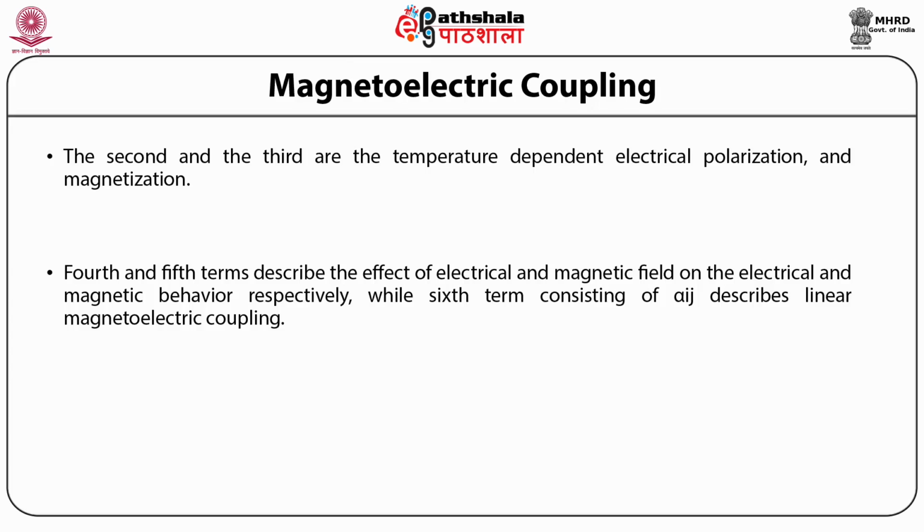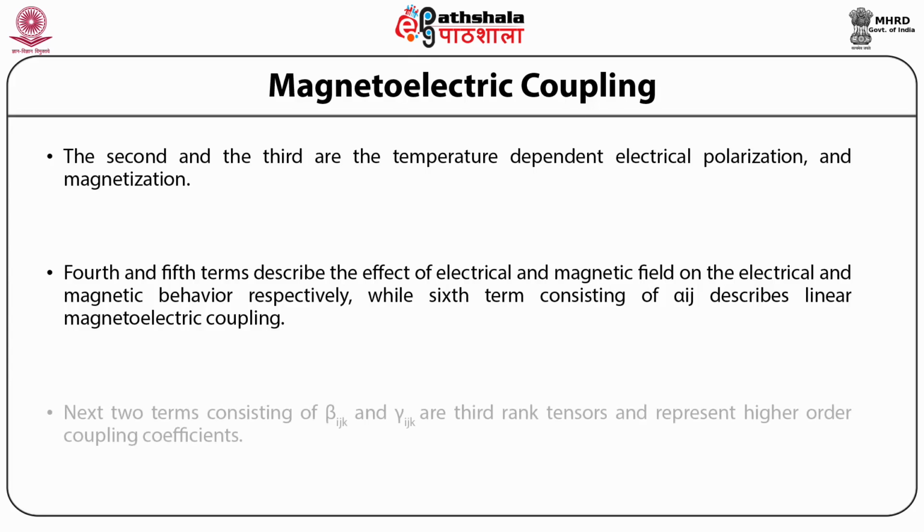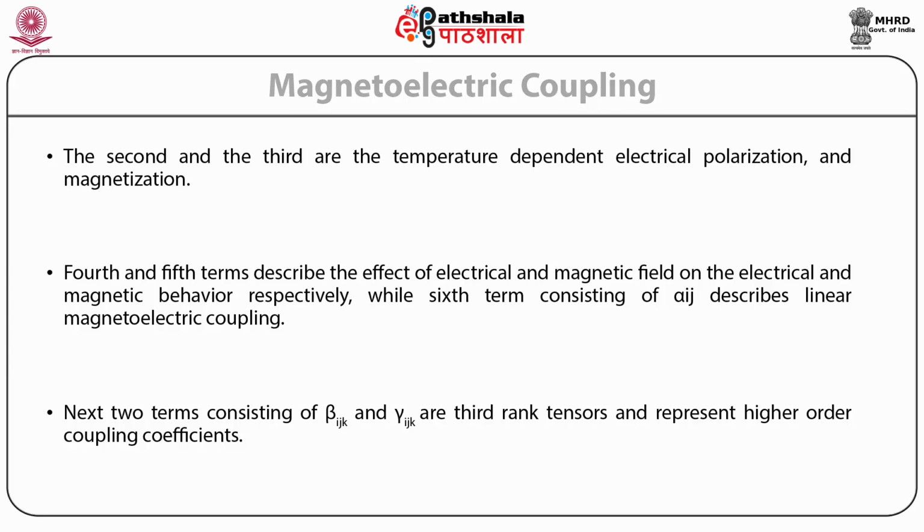The sixth term, consisting of alpha ij, describes the linear magnetoelectric coupling and is typically of interest. And the next two terms, which consist of beta ijk and gamma ijk, are third rank tensors and represent higher order magnetoelectric coupling coefficients.